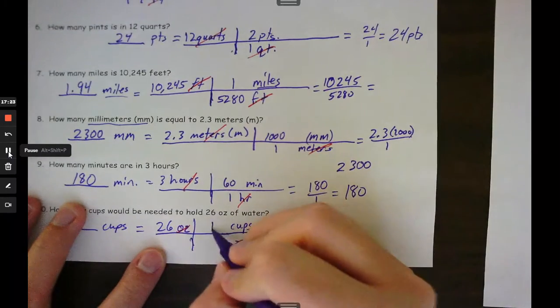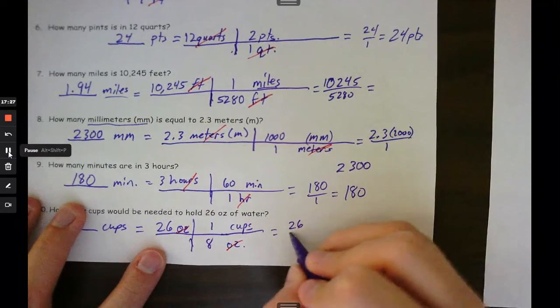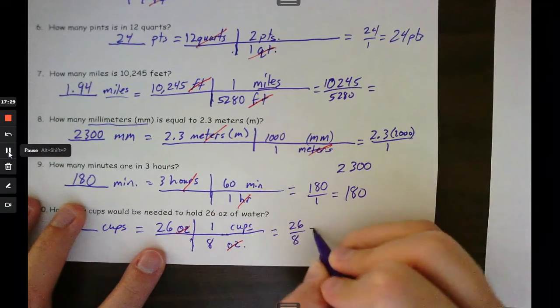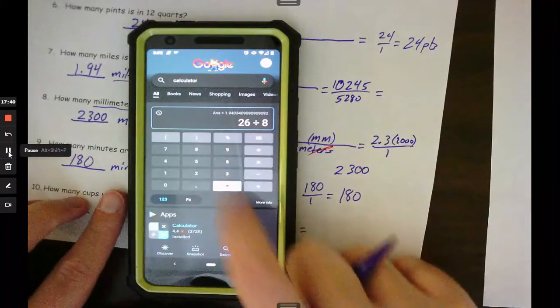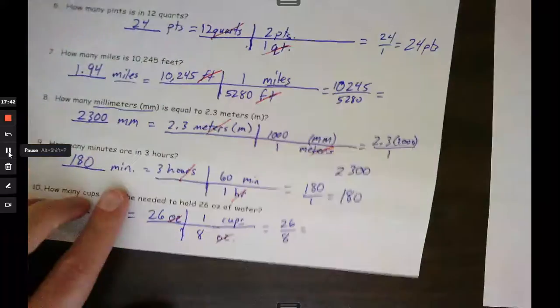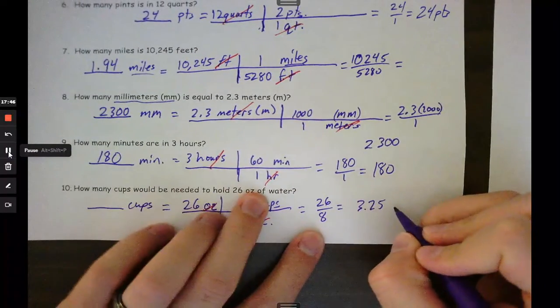So that means 1 goes on top, 8 goes on bottom, which is 26 divided by 8. And 26 divided by 8 is 3.25. So that is 3.25 cups.